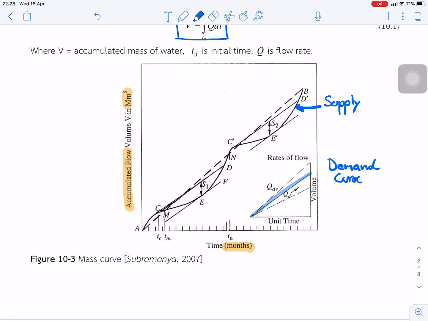From point C, we draw the curve parallel to the demand curve. Okay, from point C to point D, and we draw another line. So for this parallel line, the gap between this line we can measure, it is S1.